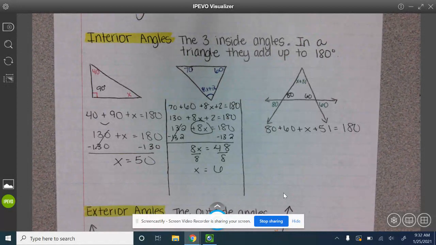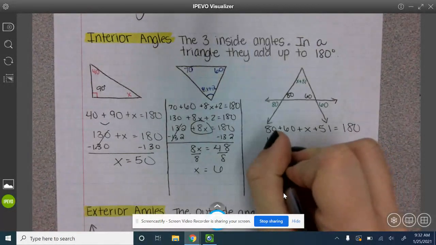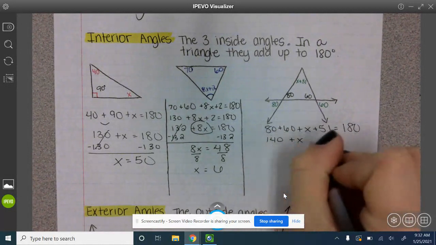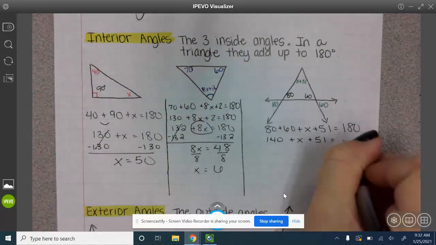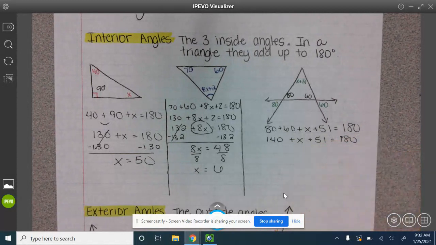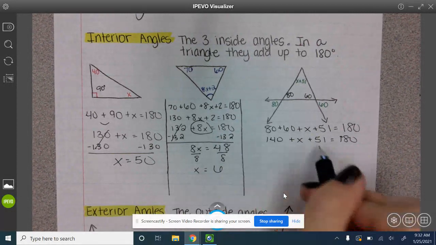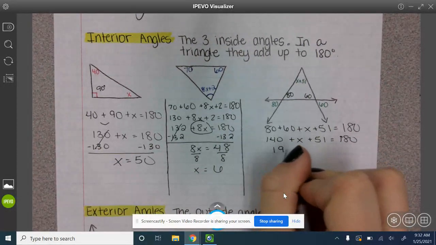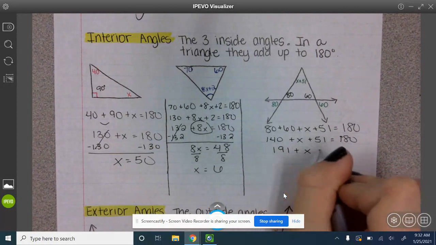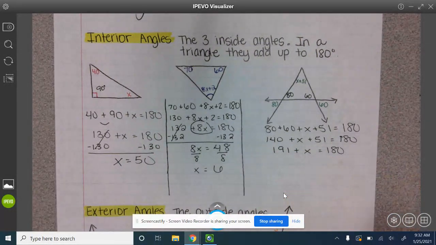First thing we're going to do is add up 80 and 60. 80 plus 60 is going to give me 140 plus x plus 51 equals 180. 140 plus 51 is going to give me 191. That seems a little odd because our total number is 180, but it is okay.